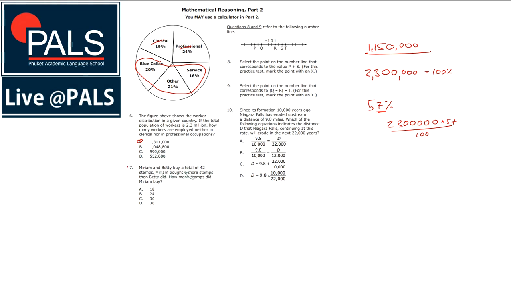Miriam and Betty buy a total of 42 stamps. Now that's again our 100%. Miriam bought 6 more stamps than Betty.